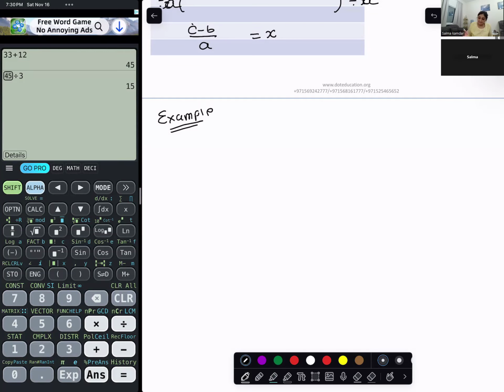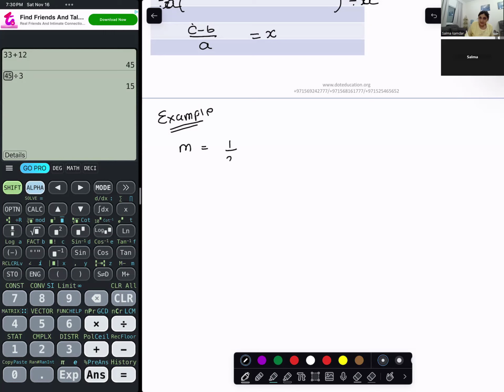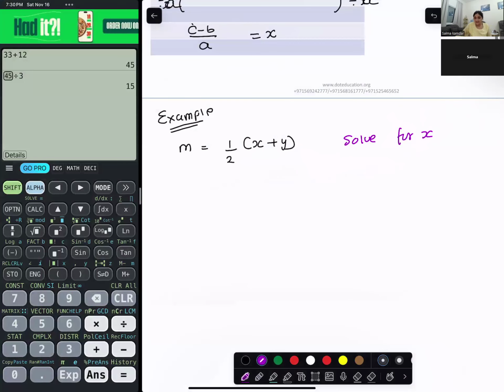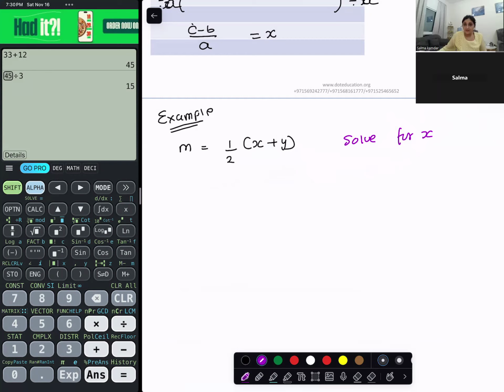I'll give you another example. You can try and solve it. You're given that M is equal to half X plus Y, and we want you to solve this for X. Since I have to solve this for X, that means I want my X to be the subject. If I want X to be the subject, that means I want X at one place and everything else on the other side. How would I do it?